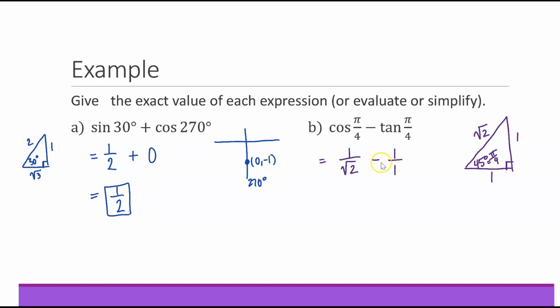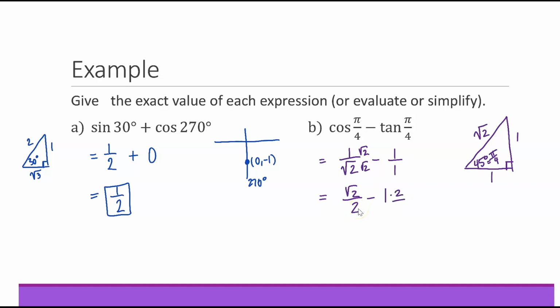So now here, we do want to clean this up a little bit. We have something here that has a square root on the bottom, so we want to rationalize it. If I multiply the top and bottom here by the square root of 2, I get square root of 2 over 2, again, minus 1. And here, I can combine these if I rewrite 1 with a common denominator of 2.